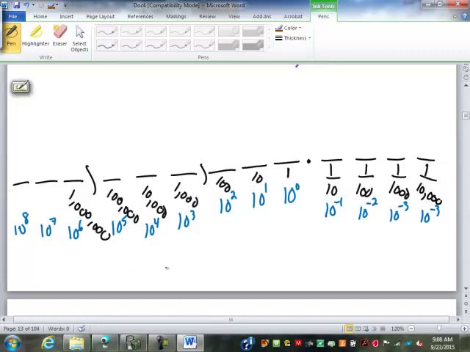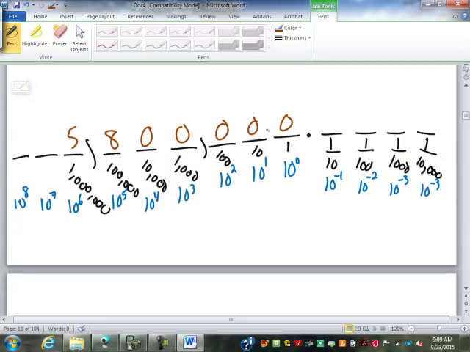So anyway, we like to abbreviate our numbers. Let's say we have 5,800,000. We would sometimes abbreviate that as 5.8 million. But now that we know our powers of 10, instead of writing out the word million, we could write it as 5.8 times 10 to the 6th, which means million.